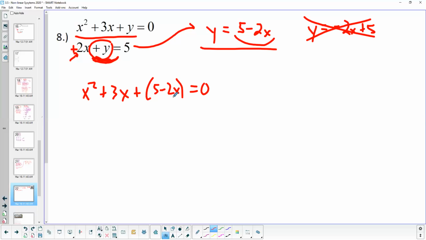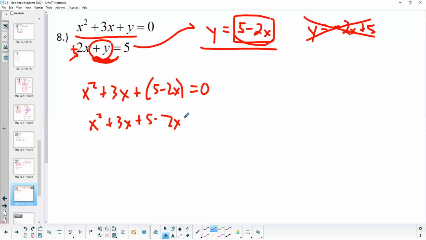Now I put parentheses around this, which I didn't really need to do, but it's a good habit whenever you substitute values such as this in. You usually want to use parentheses because a lot of times there will be a number out in front, like a 2 or a 5, where you'll end up having to distribute. So in this particular problem, there's nothing outside. So really, I can just get rid of the parentheses, but it's just a good habit to get into.